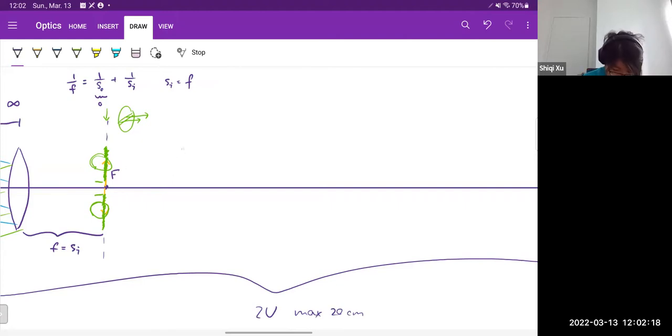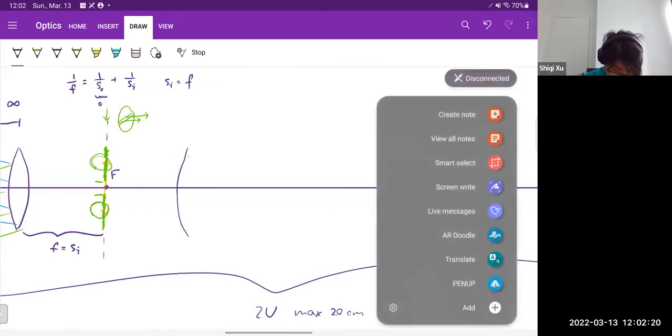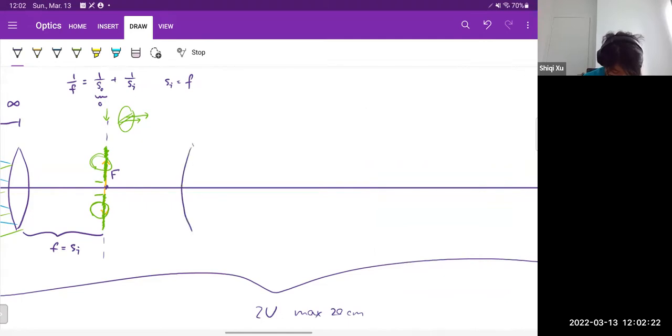Okay, so next thing we have is a collimator, which I'll just draw as a lens again, like this. That's an achromat. This is the collimator.